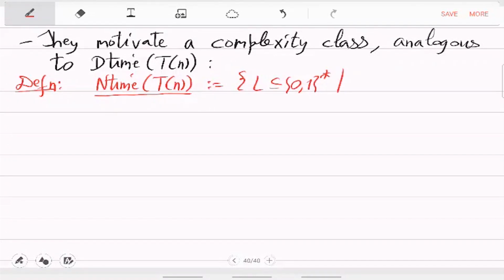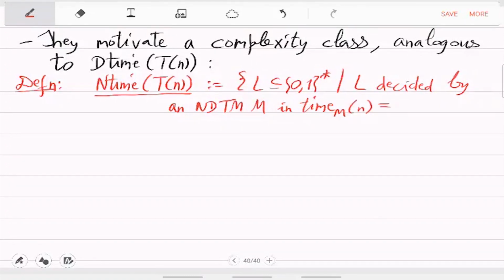So those languages or decision problems that are decided by an NDTM M in time big O of T(n). Right. So it's the same definition as DTIME, except now you are using an NDTM instead of a TM, and the time is around T of n.